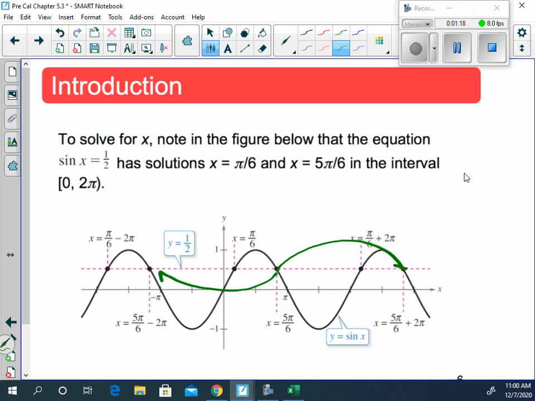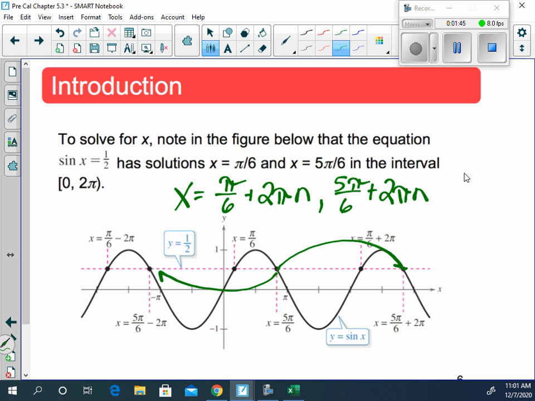Yes? So really, x is equal to pi over 6 plus 2 pi n, because every 2 pi we get the same value for sine. And we also have 5 pi over 6 plus 2 pi n for this here.